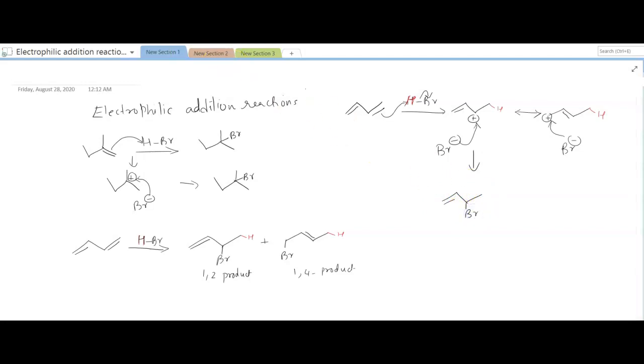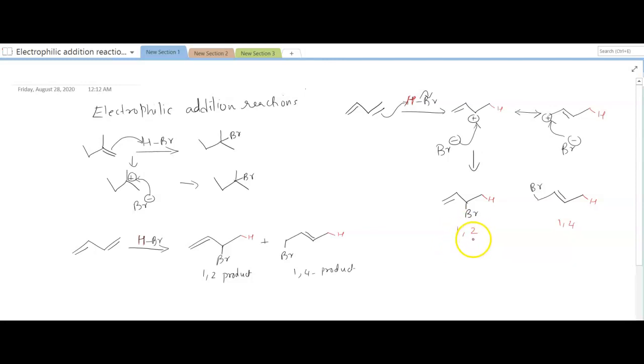I'll keep on drawing the hydrogens just to make the picture clear. If the Br attaches to the other carbon atom, this one here, then you get the 1,4 product. Here we have the 1, 2, 3, 4. This is the 1,4 product, and this is my 1,2 product.